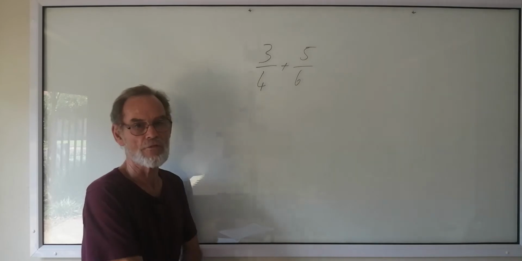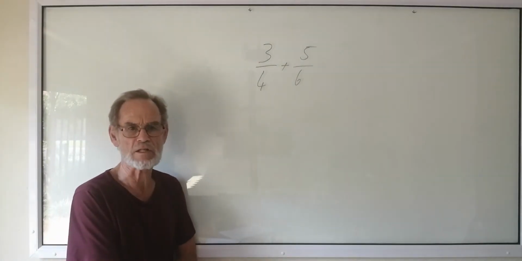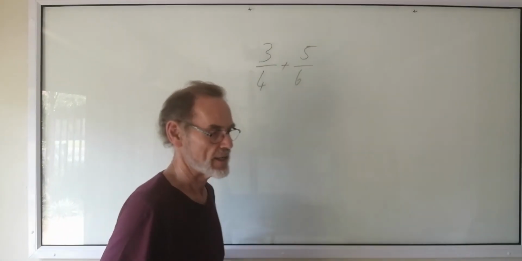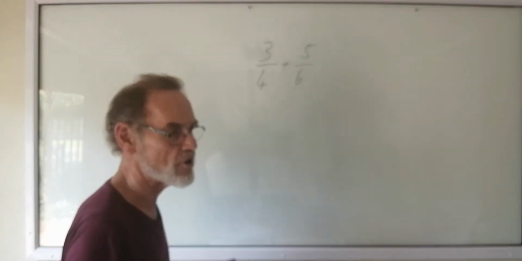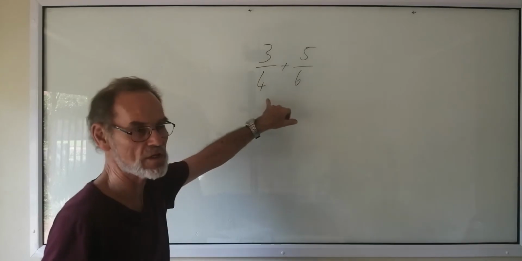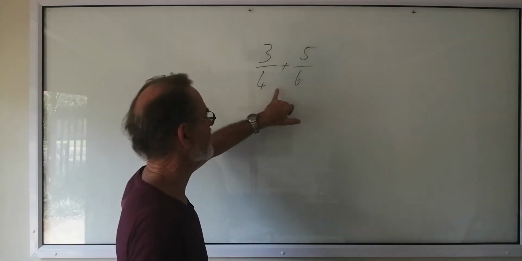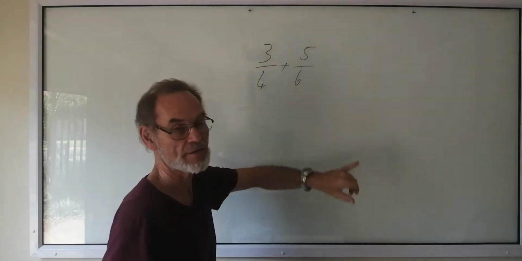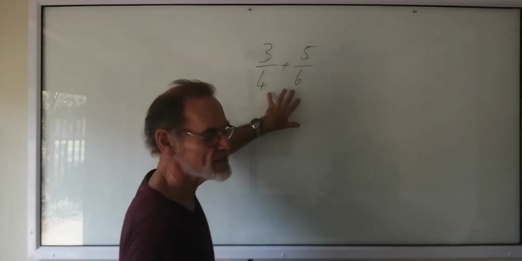So what do we do? We're looking for the lowest common multiple. Okay? Now don't break your head over that. Just think it through. What can we multiply? What's the smallest number we can multiply 4 and 6 by so that they're the same? What does 4 and 6 tell us?